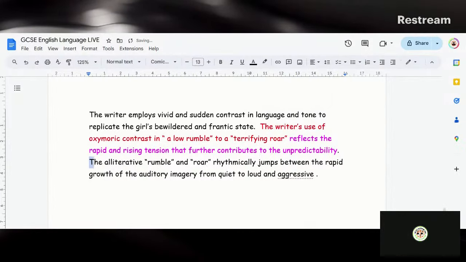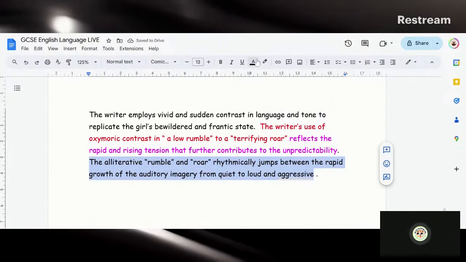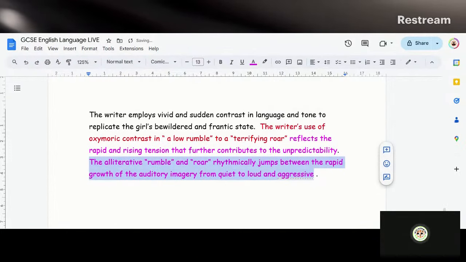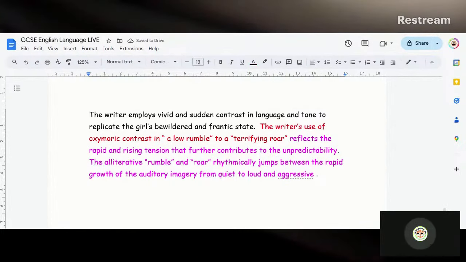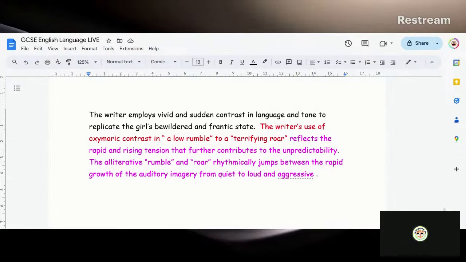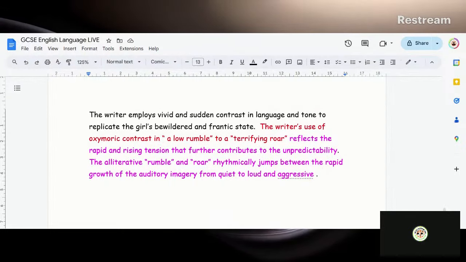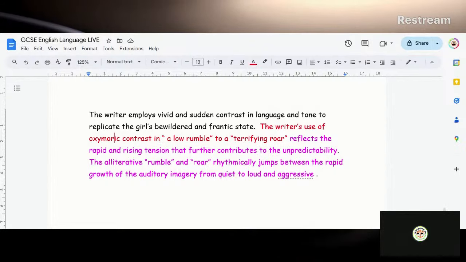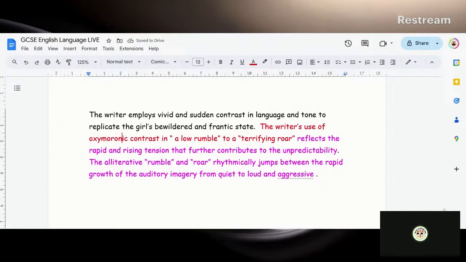Okay, so that's another form of zoom, because we're going into the language there. So you can pick something out and talk about the different aspects of it as well. Okay.